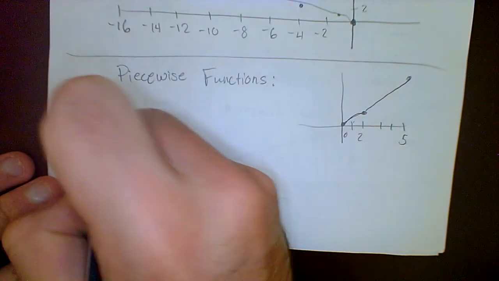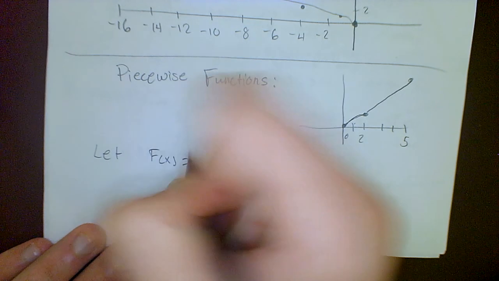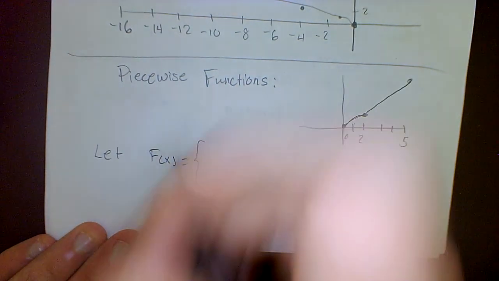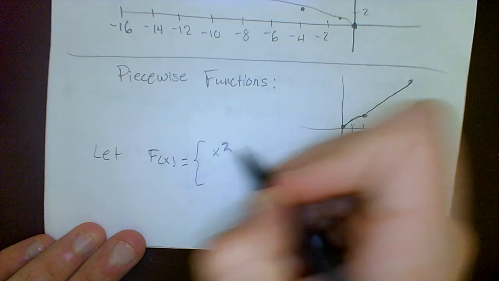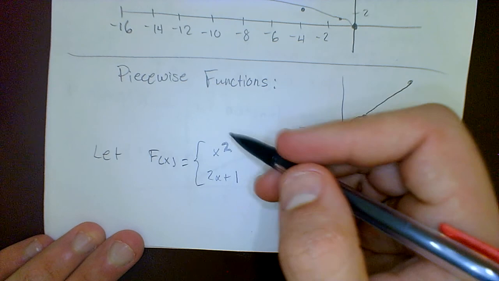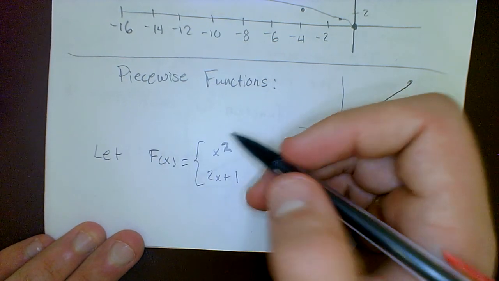the first example is let f of x equal, so the way they write this is they do this curly bracket, and you can have as many of these here as you want. When I say these, I mean as many functions and intervals as you want. So with every piecewise function, you need an interval here.